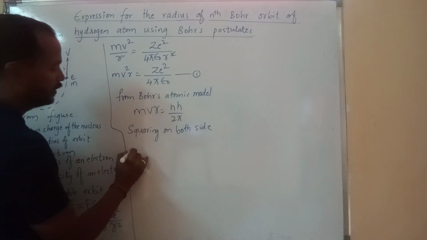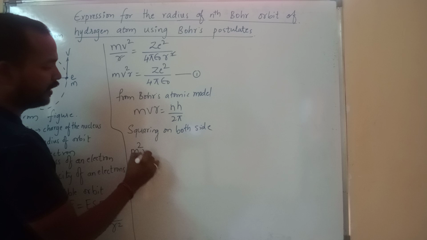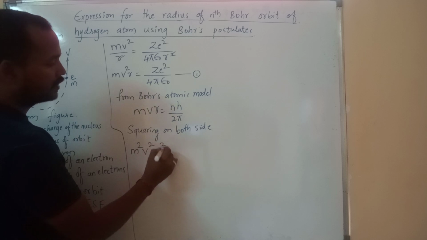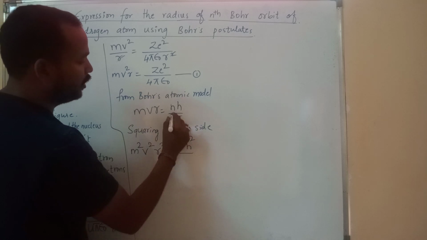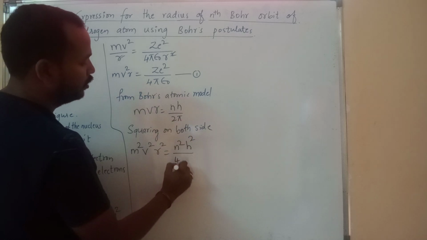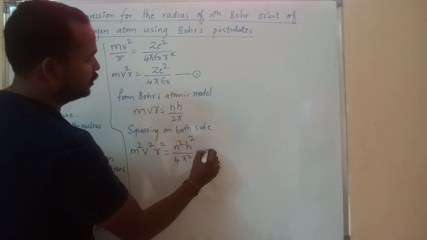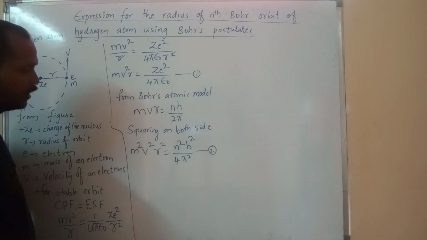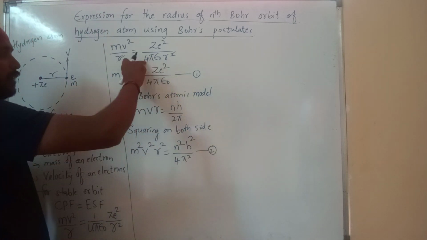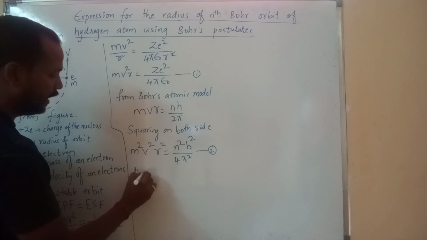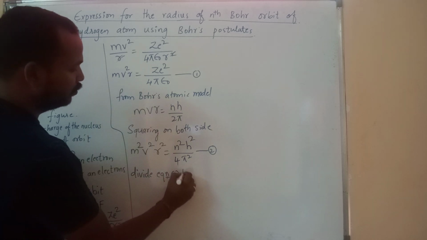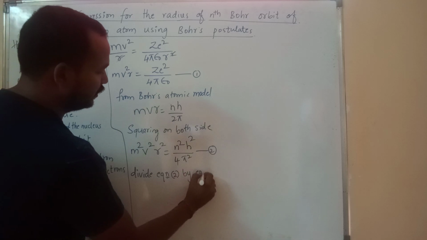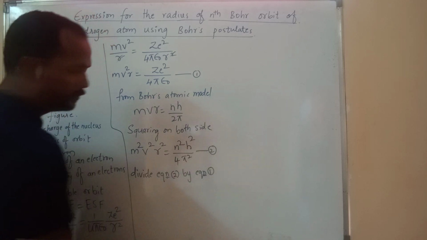Squaring on both sides means m square v square r square is equal to n square h square upon 4 pi square. This is equation number 2. Now divide equation number 2 by equation number 1.